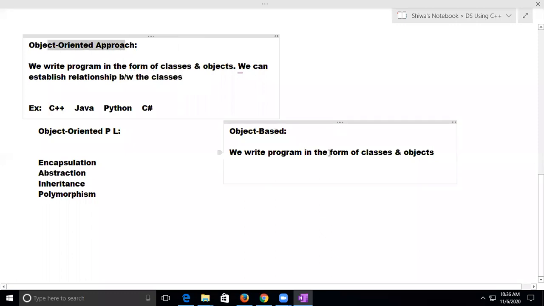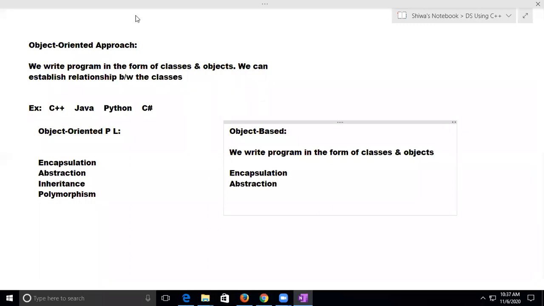Object oriented approach supports inheritance, whereas object based supports only two concepts. Those are encapsulation and abstraction. Only two concepts will be supported, and the remaining concepts will not be supported. Object based supports encapsulation and abstraction, but does not support inheritance, and does not support polymorphism.